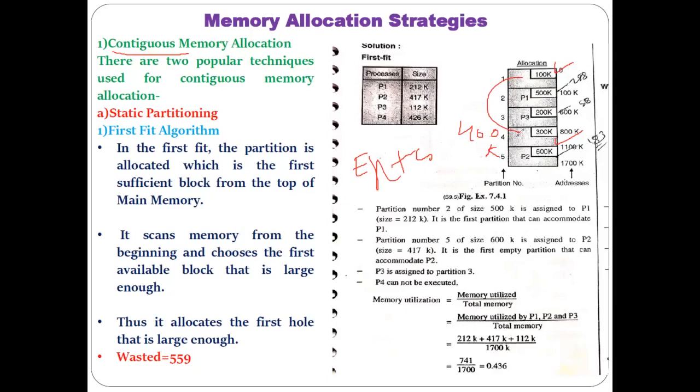And if you combine these with the unused space, then we can easily have 426K, combining this 300K, this 100K, and this unused space. But that is not allowed in contiguous memory allocation, and that is called external fragmentation.